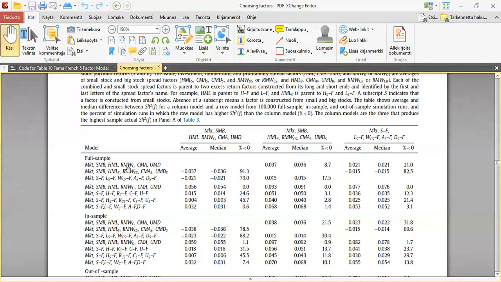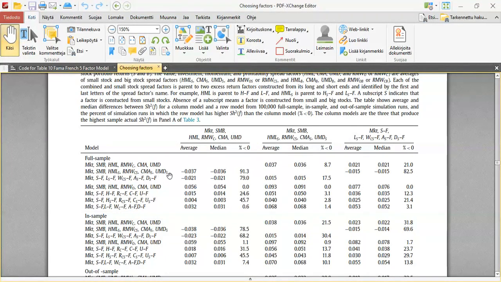91.3% means that this row model here, using small stocks for compounding these risk factors, in 91.3% of the 100,000 simulation runs generates a higher maximum squared Sharpe ratio than the column model here. Okay?